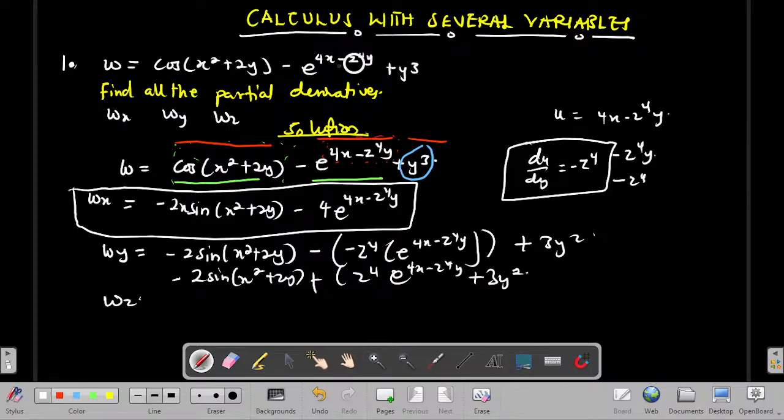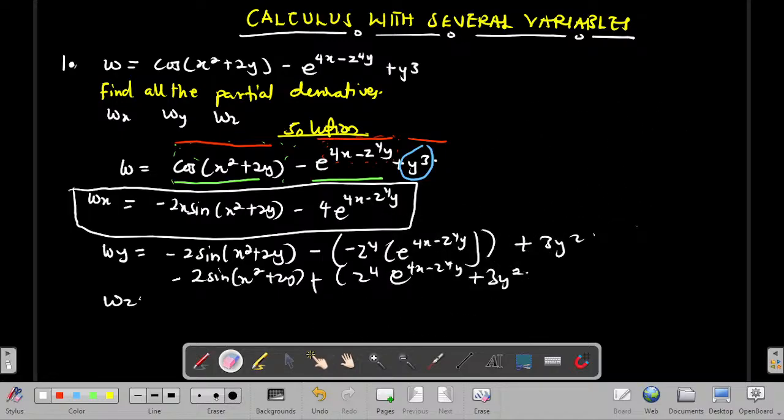I have negative 4x minus power 4. This is a constant. This alone, but negative 4, right?